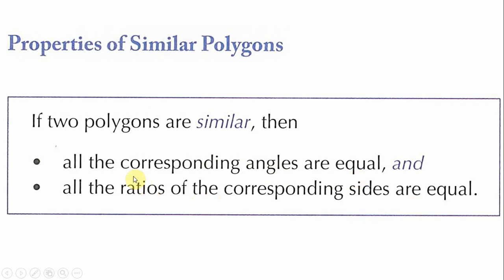In congruent figures, all the corresponding angles and all the corresponding sides are equal. But in similar figures, all the corresponding angles are also equal, and the ratios of corresponding sides are equal. The only difference is that in congruent figures corresponding sides are equal, but in similar figures the ratios of corresponding sides are equal.